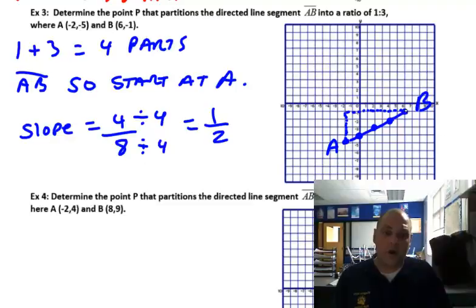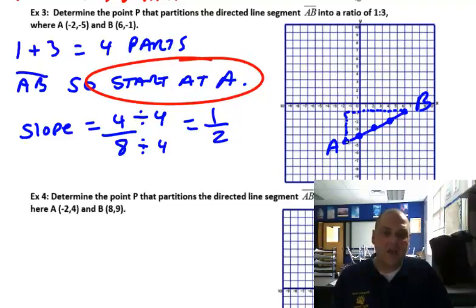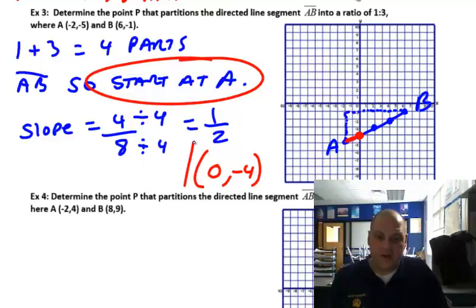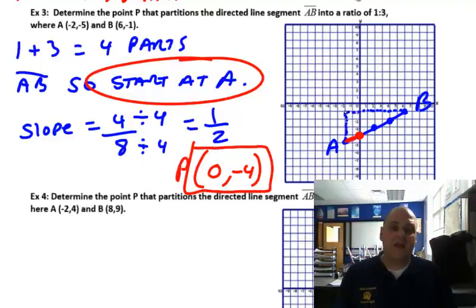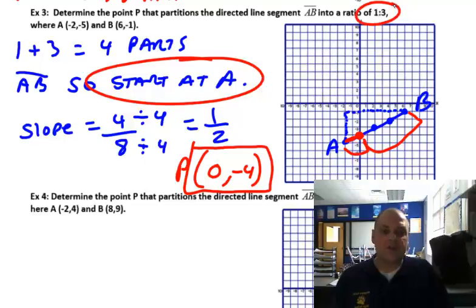Except now it's 4 parts. I need a ratio of 1 to 3. So starting at A, 1 is right there. There's my point P: 0, negative 4 is my answer. There's my 1, and there's my 3 right there. This is my ratio of 1 to 3.